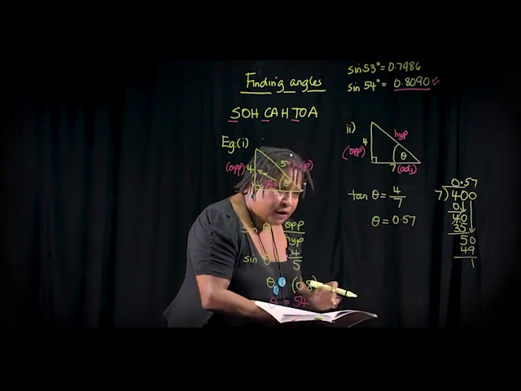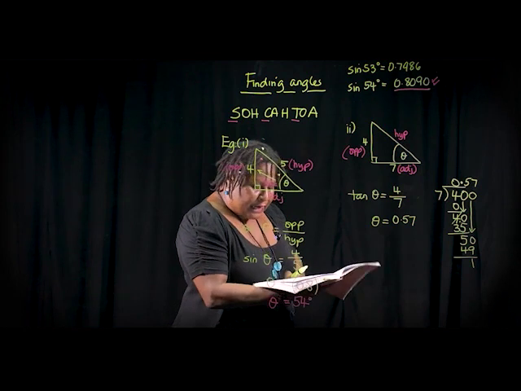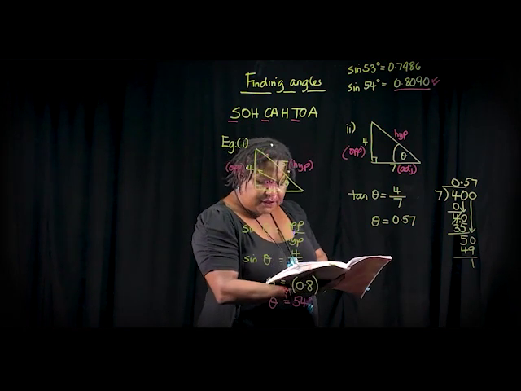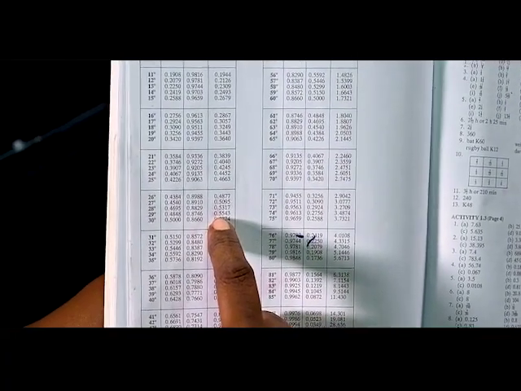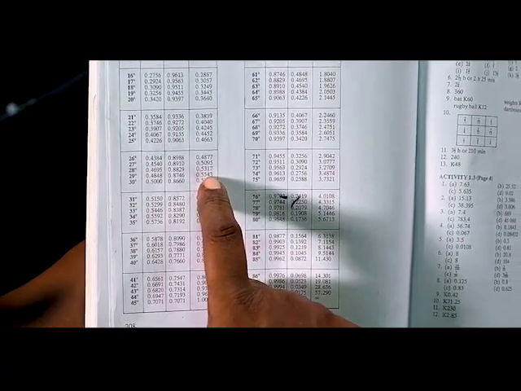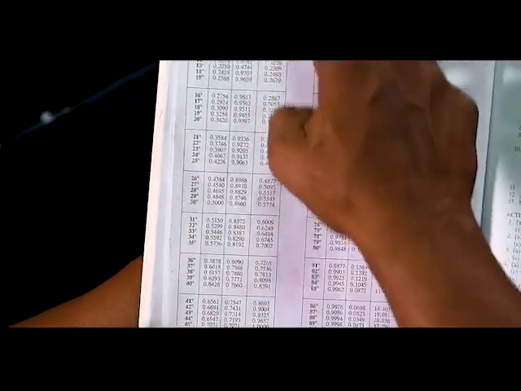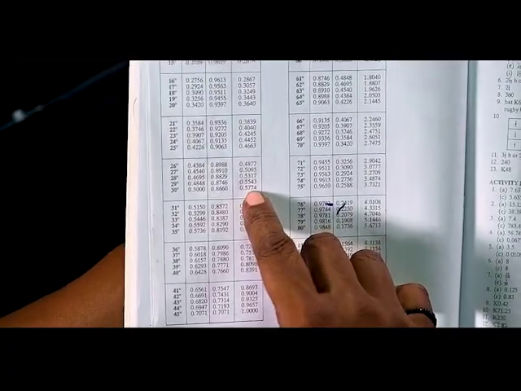Okay? Now, let's look at tan 0.57. Okay, tangent 0.57. We have, again, two possible answers.